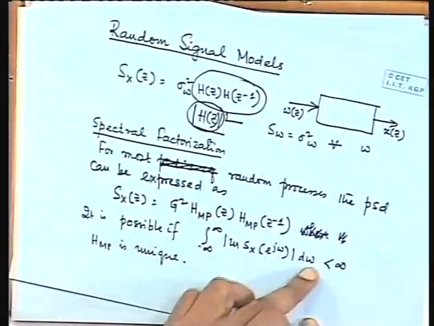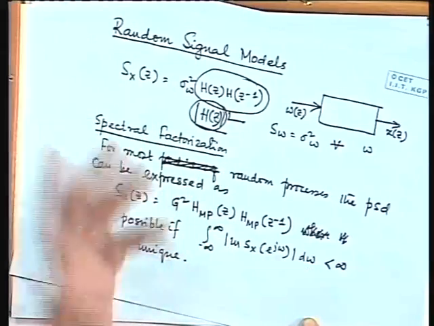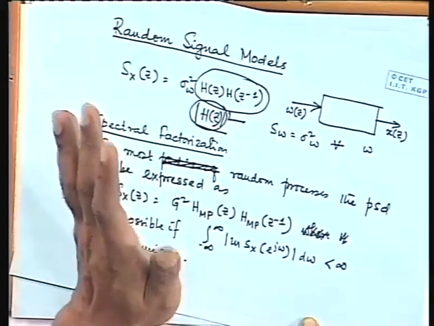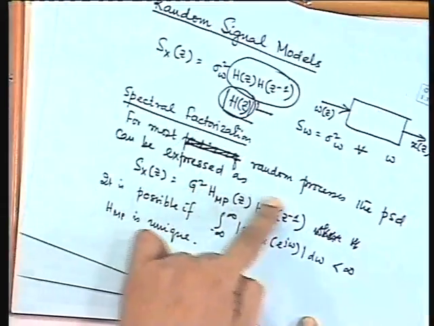This can be done under some condition which is called the Paley-Wiener condition, mathematically speaking, but that is generally satisfied. It is not a hard to satisfy condition. So which means that most real power spectral densities, if you take a random variable and if you take its power spectral density, you can find a spectral decomposition of that power spectral density.